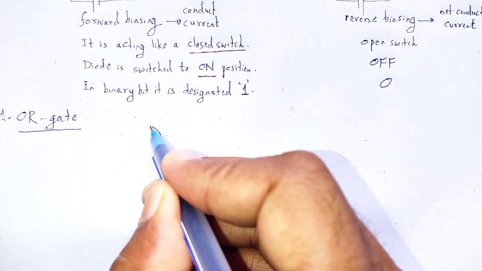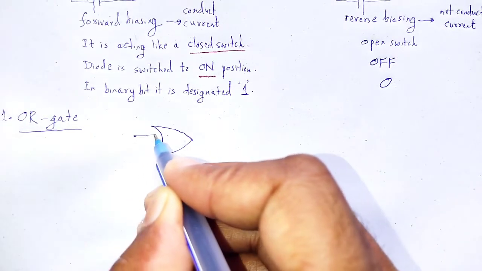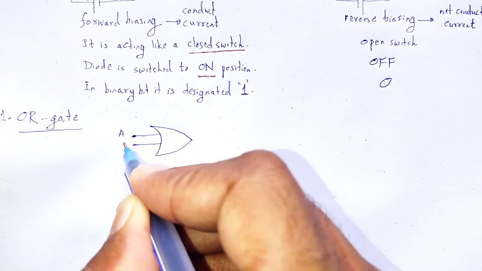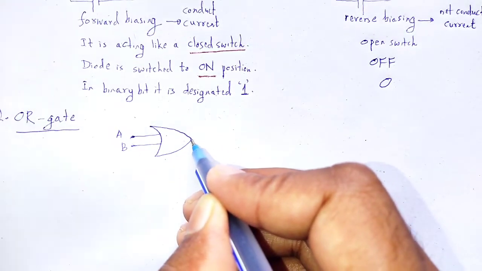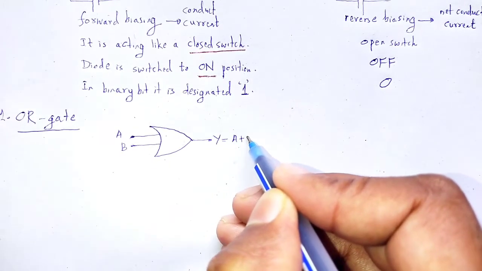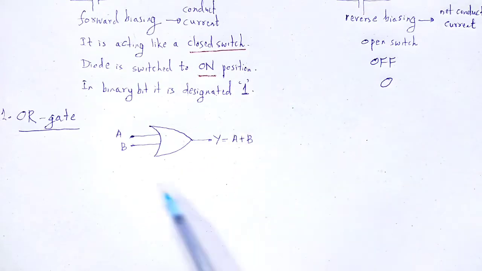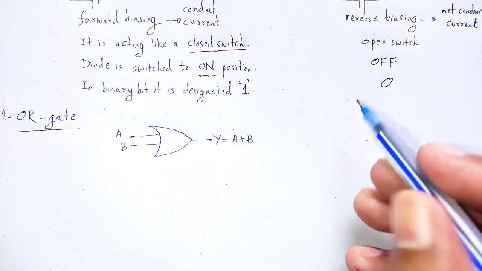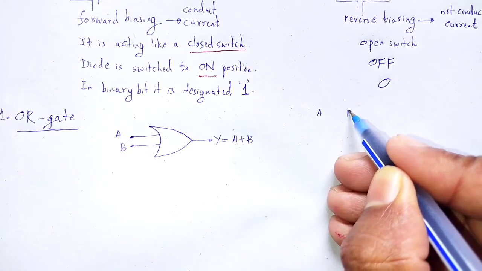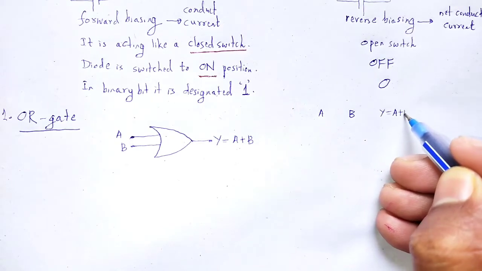The symbol of the OR gate has 2 inputs A, B, and output Y as A or B. So, input A, input B, output Y is equal to A or B.